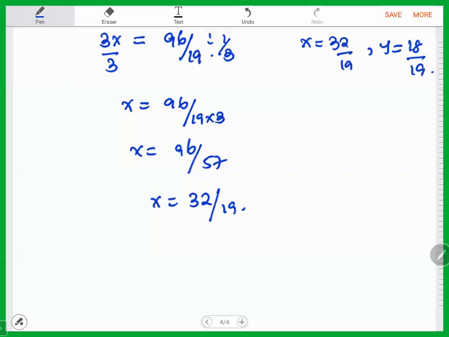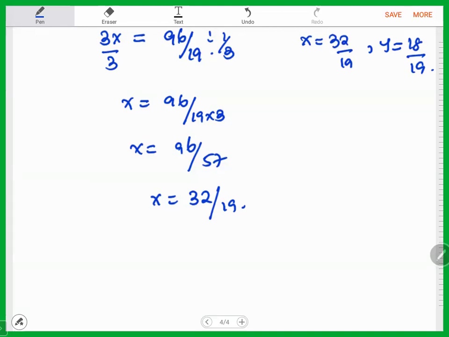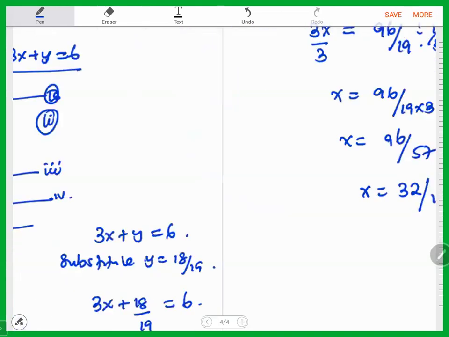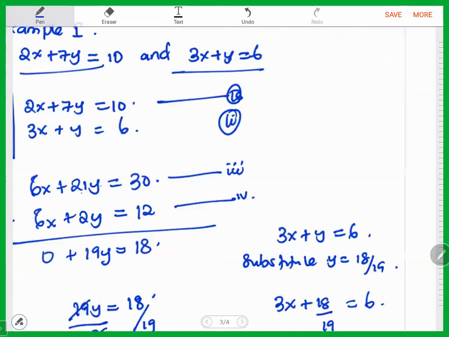Excuse me, sir. Yes. I'm asking about the step where we divided 96 by 19, then divided by 1/3. I could not understand that very well. This one here.